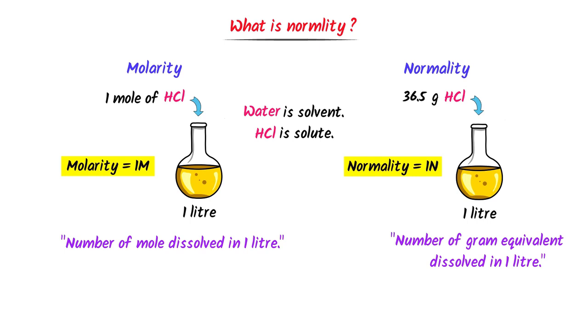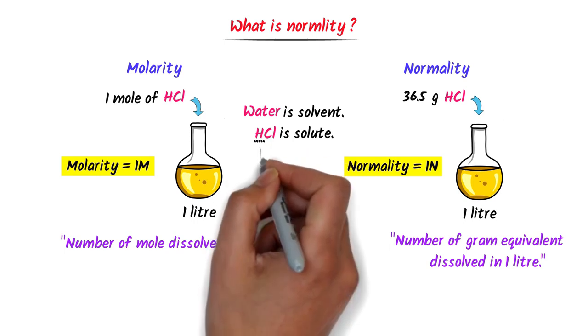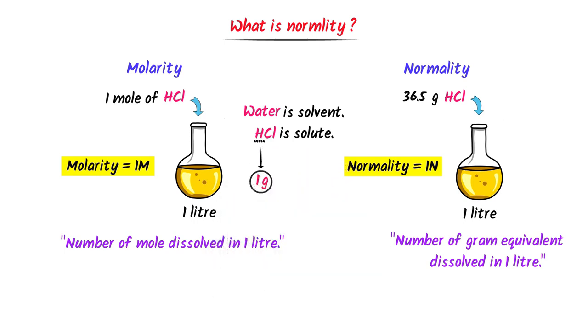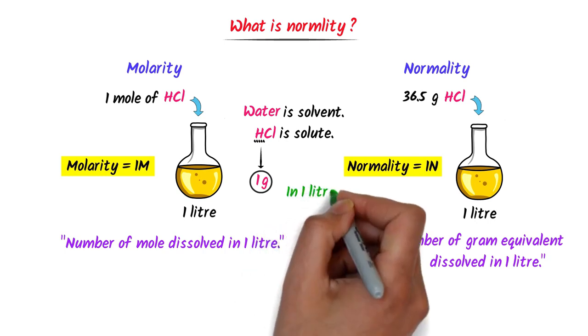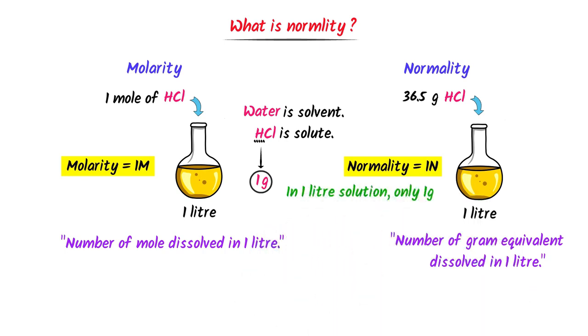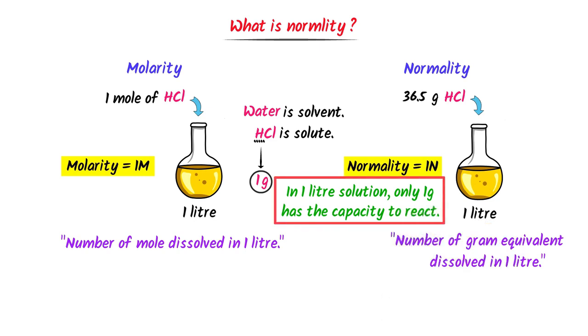In HCl, there is only one hydrogen ion and we know that the molar mass of hydrogen is 1 gram. So this 1 normality means that in 1 liter solution of HCl, only 1 gram has the capacity to react. Let me repeat it. In 1 liter solution of HCl, only 1 gram has the capacity to react.